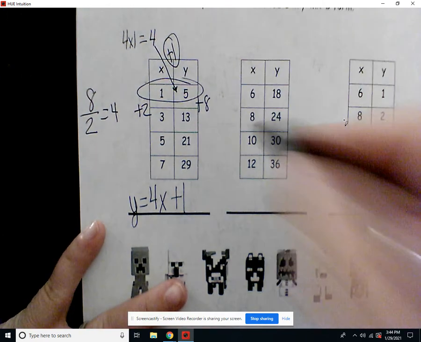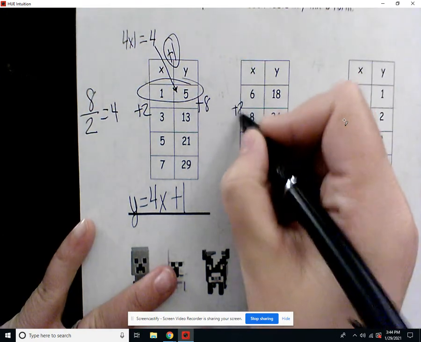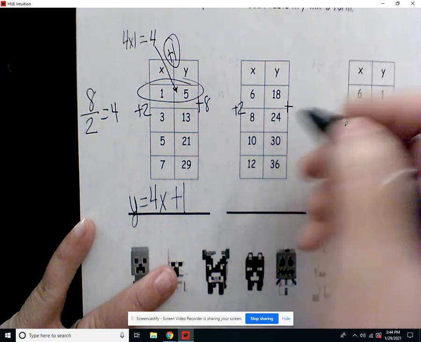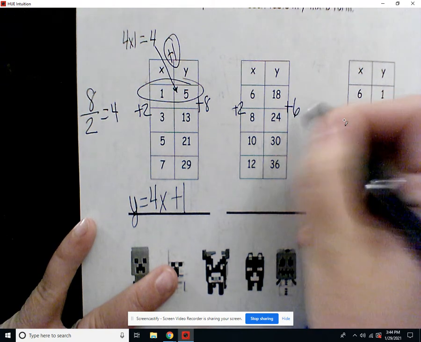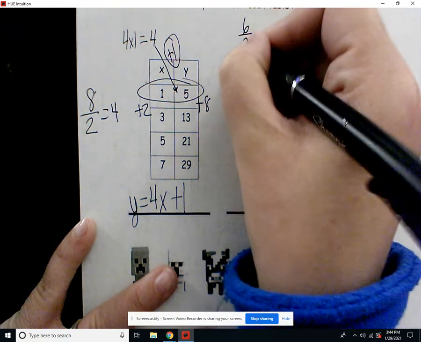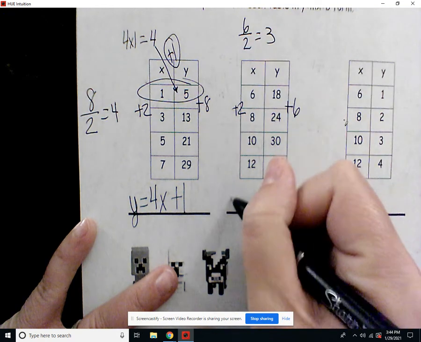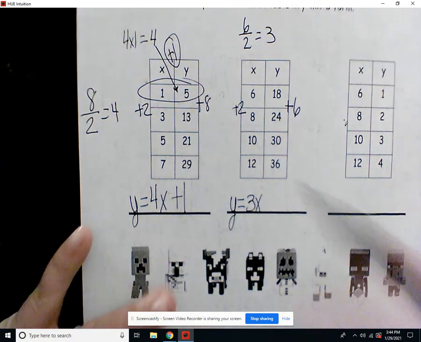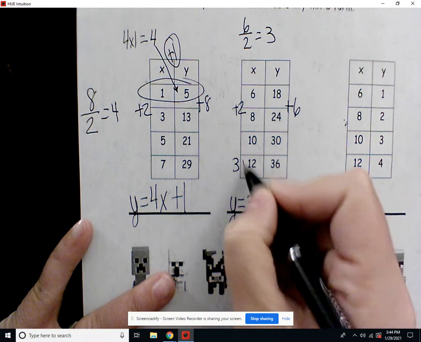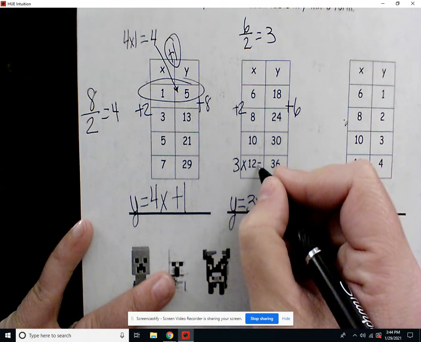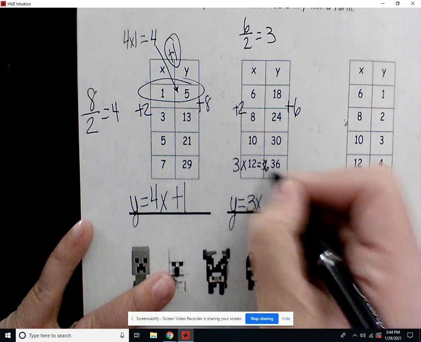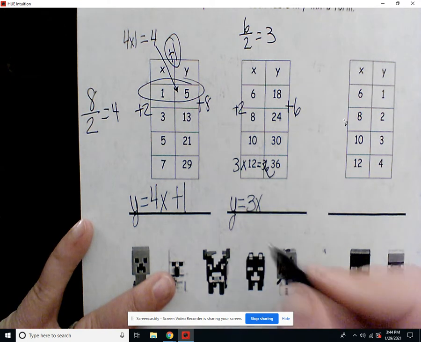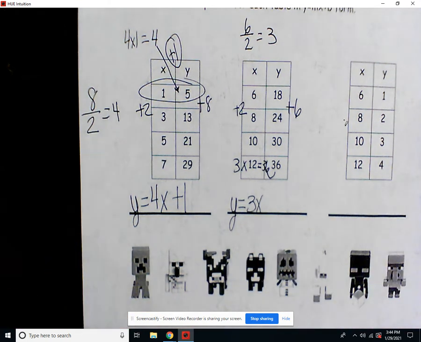Okay, so next one, we're adding our x's by 2, y's are by 6. So 6 over 2 is 3. So 3x. So we'll do 3 times 12, which is 36. And how do I get from 36 to 36? Nothing. It just stays, so it's going to stay 3x.